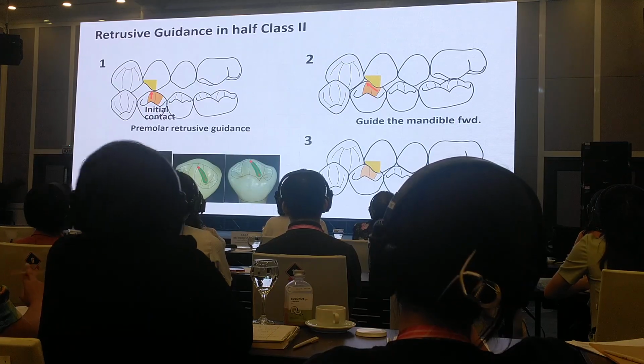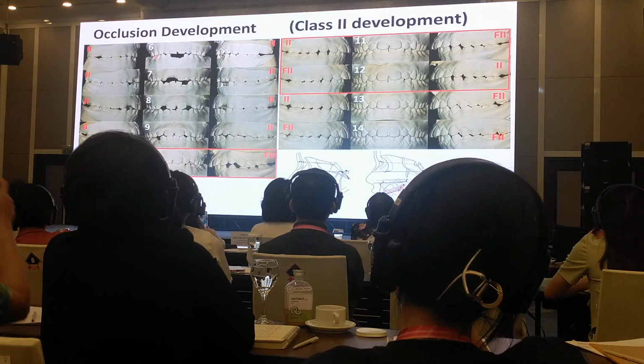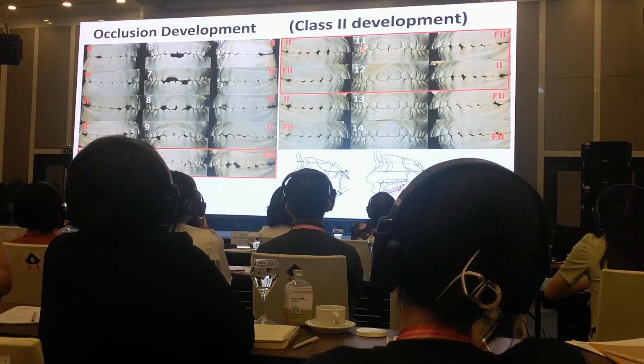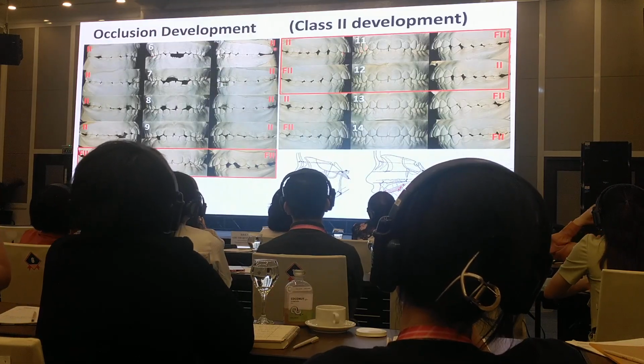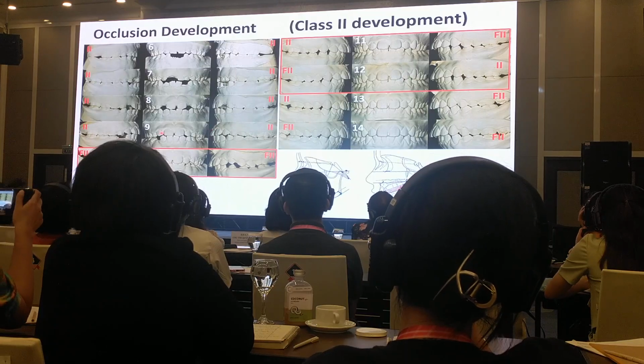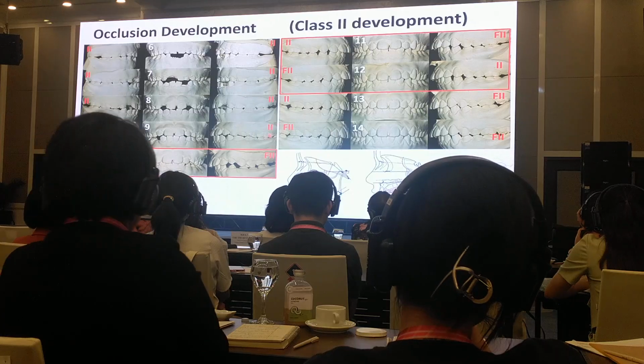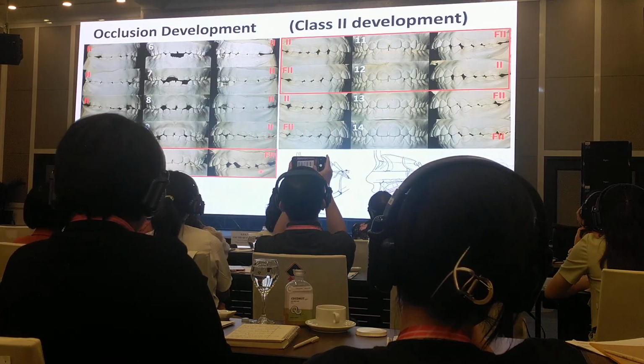So, let me show you this class 2 development. Half class 2 initial inclusion, up to 9 years old, both sides, half class 2. But now, this is the case.